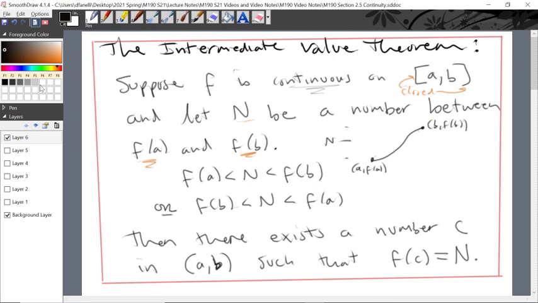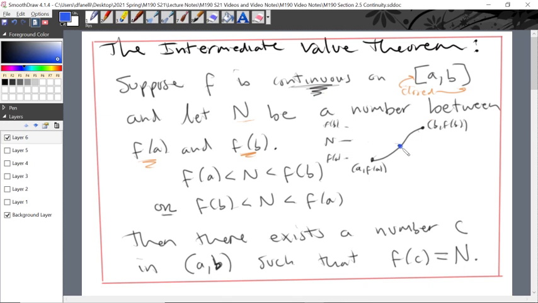And so the idea of the intermediate value theorem is, because our function was already told to be continuous on this closed interval, no matter what value n you choose between f of a and f of b, there must be at least one point on the graph that would have that output.